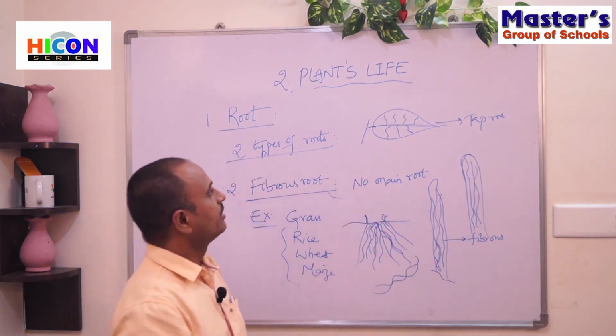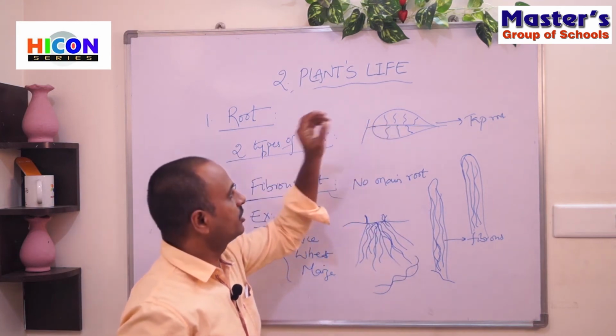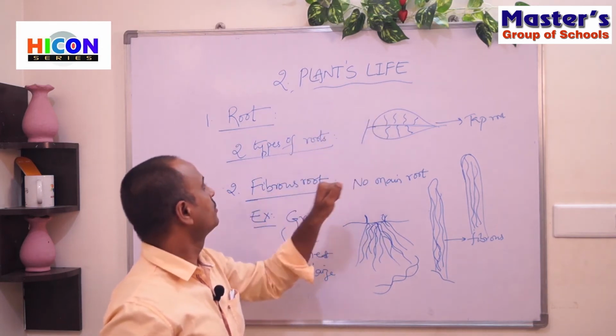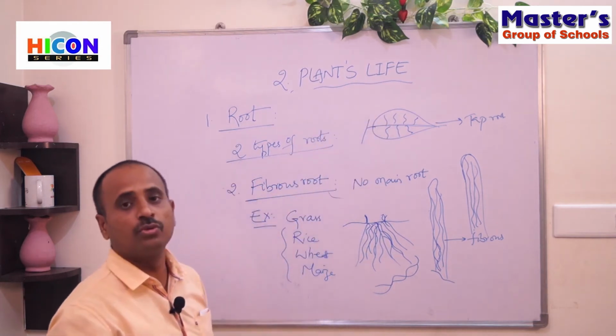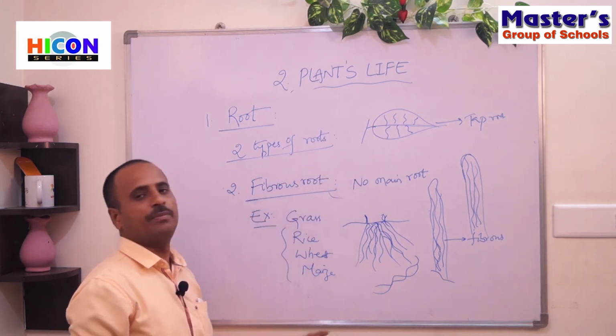So here the leaves resemble its roots. The structure of the leaf resembles the roots here. So that's why there are these two types of roots. One is a tap root and another one is fibrous roots.